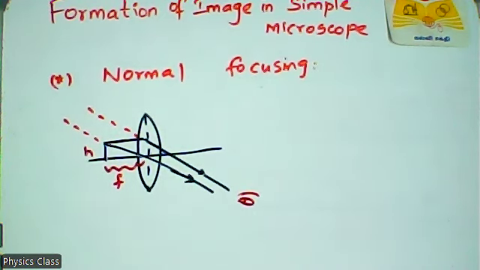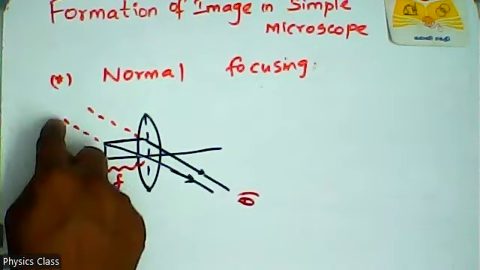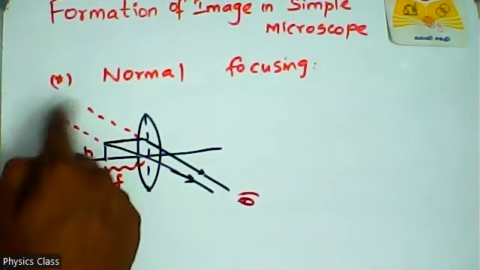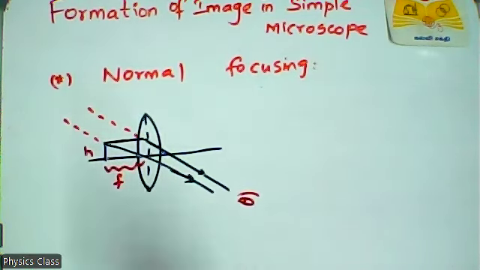For an image at infinity, our eye is most relaxed to see that image. The focusing is called normal focusing when the image is formed at infinity. Here the image is not drawn, because the dots mean it is formed at infinity.